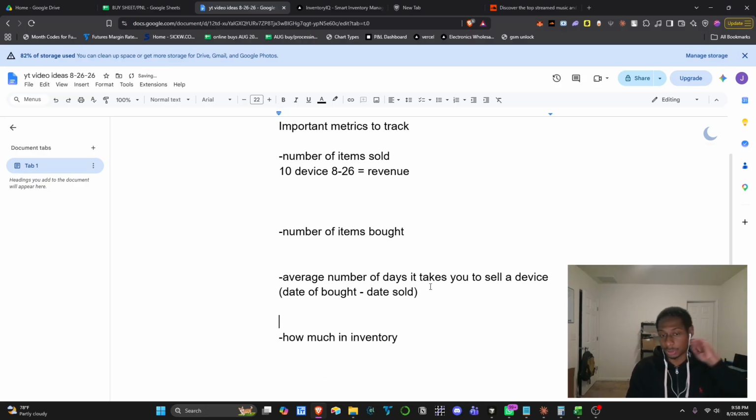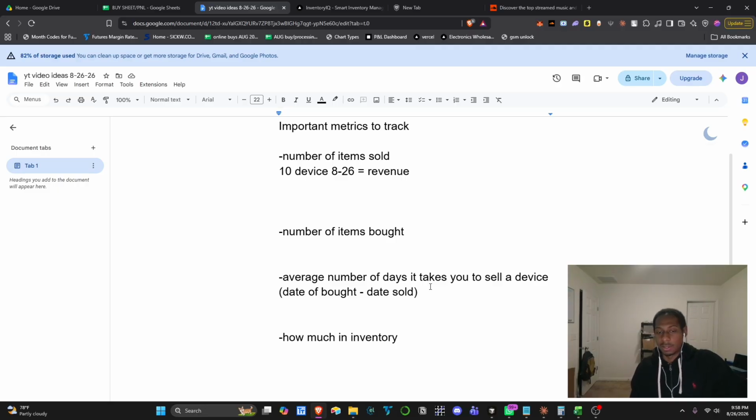I think it's important to track the average number of days it takes you to sell the device. So let's say you bought a device 8/26. You bought a device today. You need to record how long it takes you to actually get your money back. I think that's important to track as well.